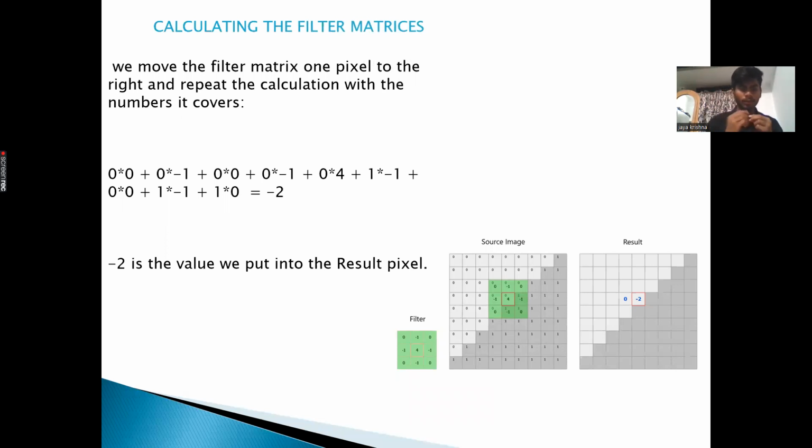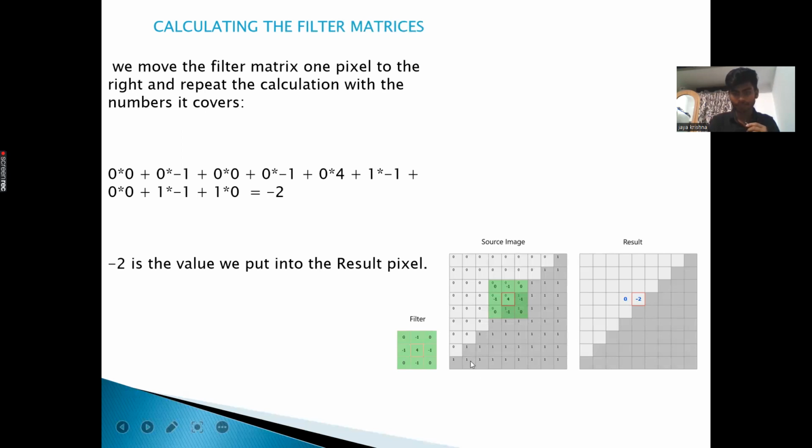So the filter matrix calculation is 0 times 0 plus 0 times minus 1 plus 0 times 0 plus 0 times minus 1 plus 0 times 4 plus 0 times minus 1 plus 0 times 0 plus 0 times minus 1 plus 0 times 0, and at last this calculation results in minus 2.